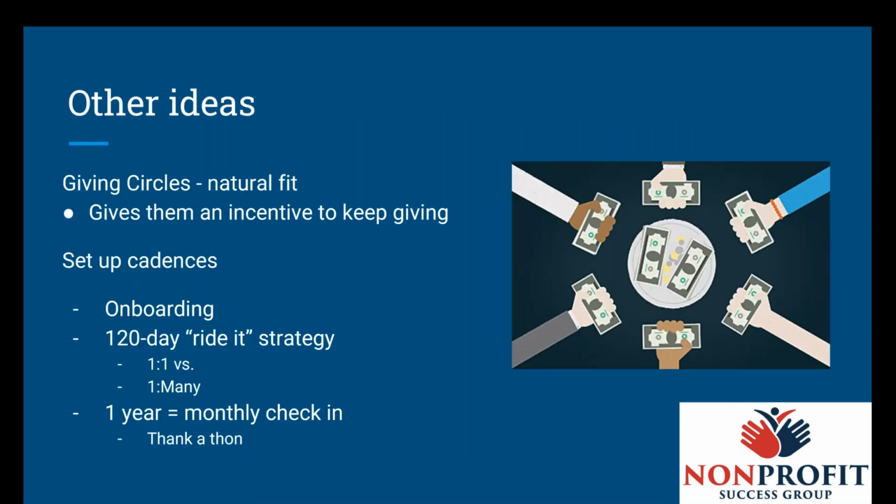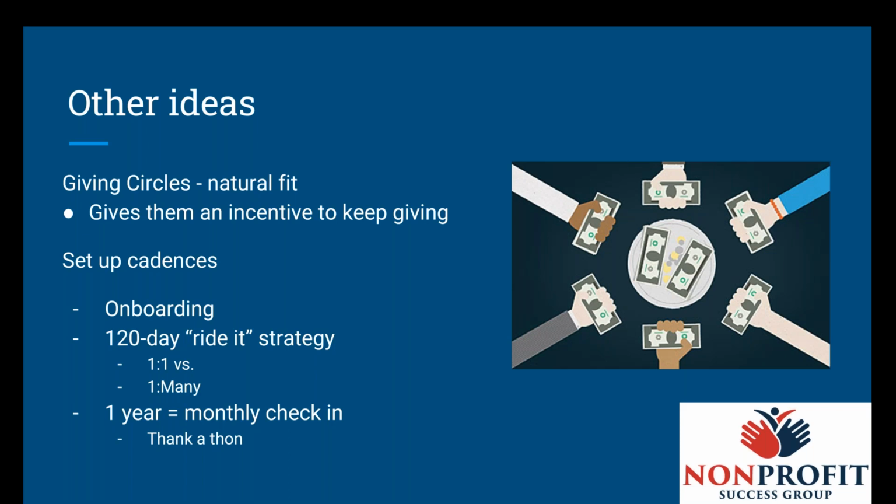Some other ideas that just came this morning: if you don't have a giving circle, that is a great way to move someone that's not going to be a recurring donor, but gives at a certain threshold, bump them up using your giving circles. Set up those cadences.